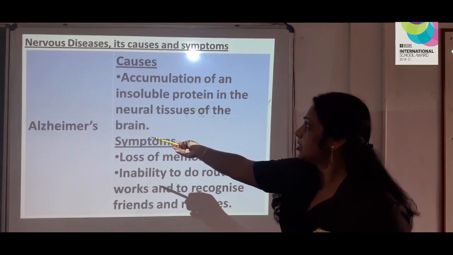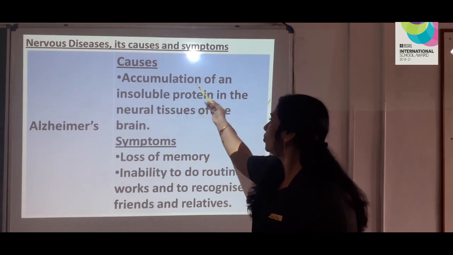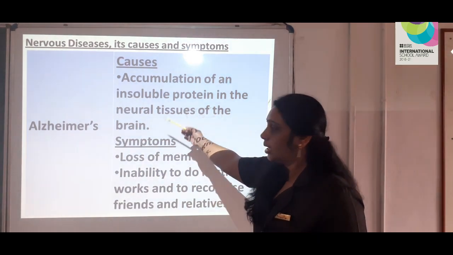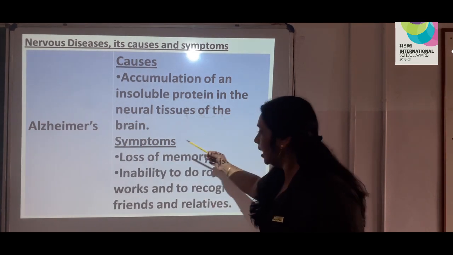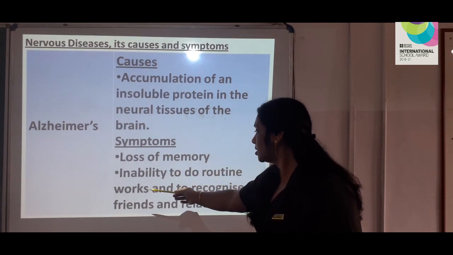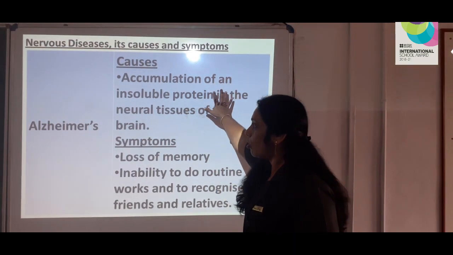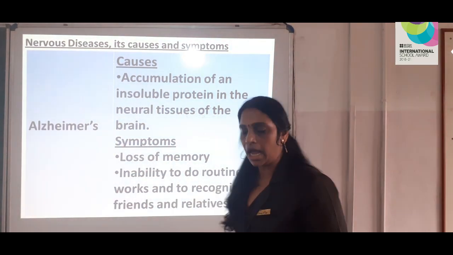First is Alzheimer's. The cause is accumulation of an insoluble protein in the neural tissue of the brain. Second, the symptoms are loss of memory, inability to do routine work and to recognize friends and relatives. So this is the cause and these are the symptoms of Alzheimer's.